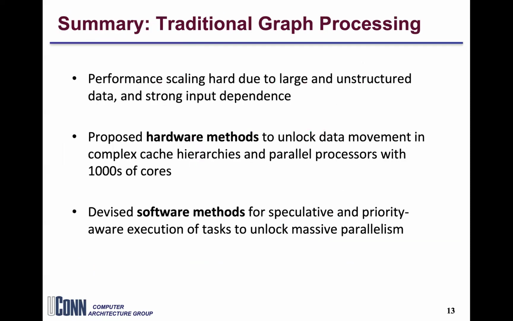Okay, I want to wrap up this era one and go more towards the newer era. This is a kind of refresher, hopefully, for everyone. What we have found is a lot of strong input dependence, and a large amount of unstructured data that we have to work on. On the hardware side, if we want to go to this many-thousands-of-cores paradigm, we have to unlock data movement in the complex memory hierarchies that we are building to enable these systems.